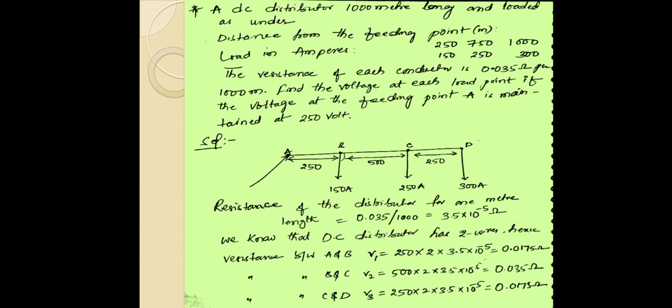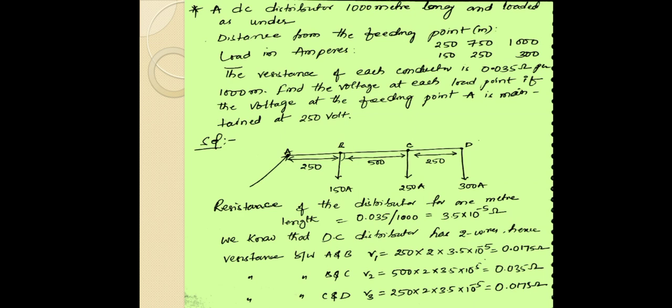Second problem: a DC distributor 1000 meters long is loaded as under. Distance from the feeding point in meters and load in amperes: 250 meters, 150 amperes; 750 meters, 250 amperes; 1000 meters, 300 amperes.